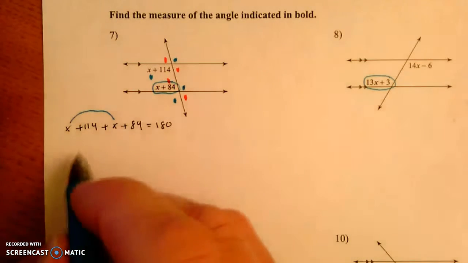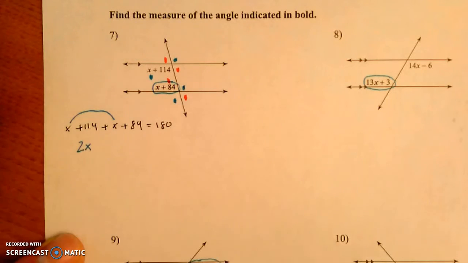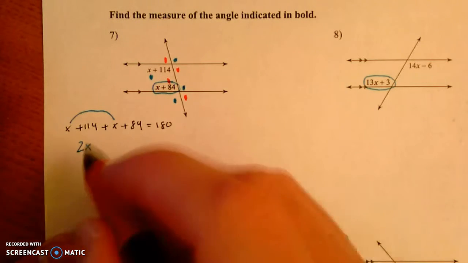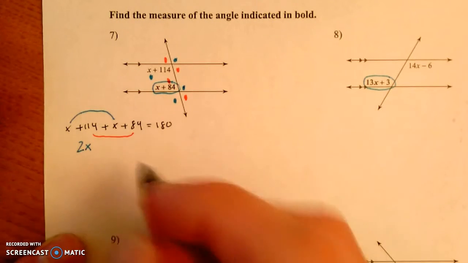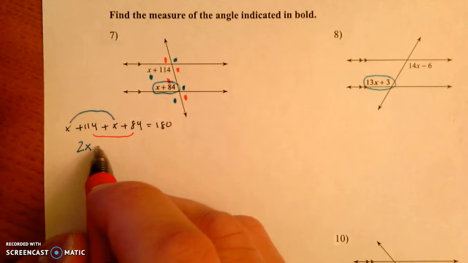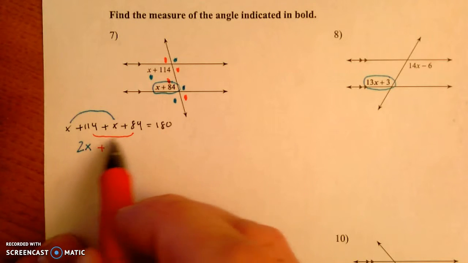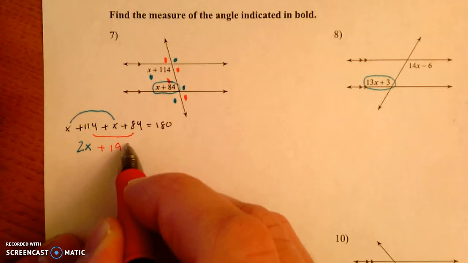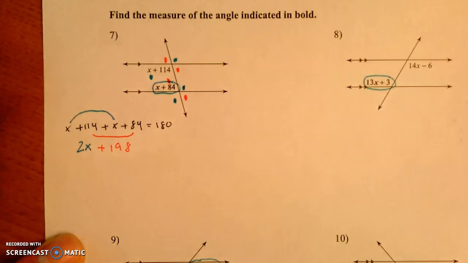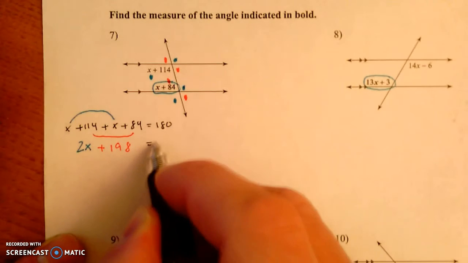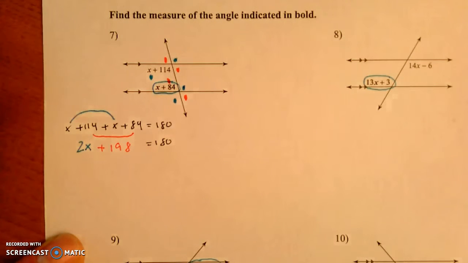The first thing we have to do here is combine like terms. I've got an x and another x, so altogether I have 2x. And I've got 114 and 84, which altogether is, let's see, 198. And all that together equals 180.